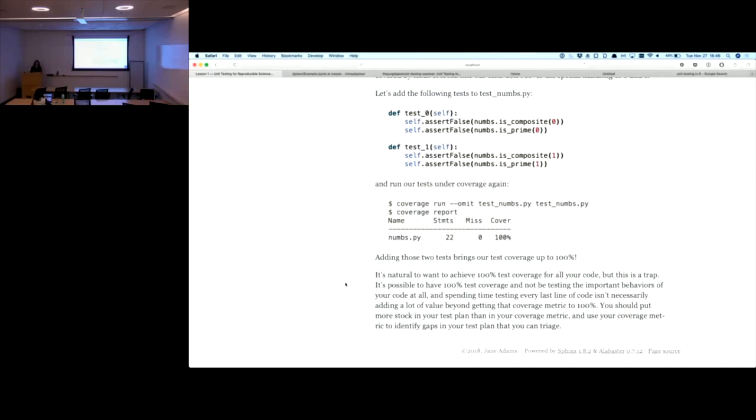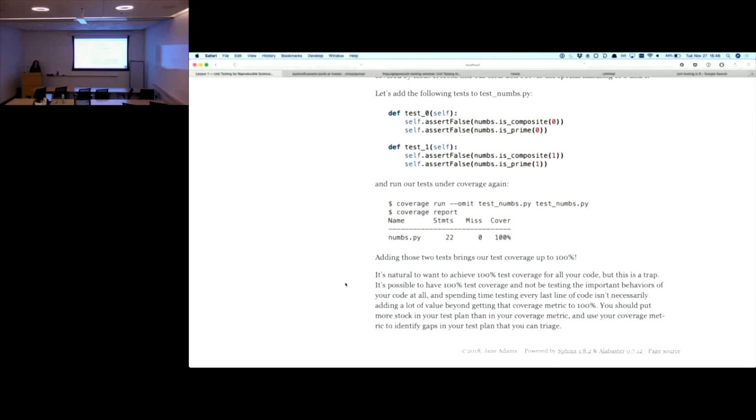And also, spending a lot of time testing every last line of code just to get 100% test coverage, if you're quick at it, go for it. Get that 100%. But if testing every last line of code is a considerable time sink for you, you've got to use your head and think through, is this worth testing?